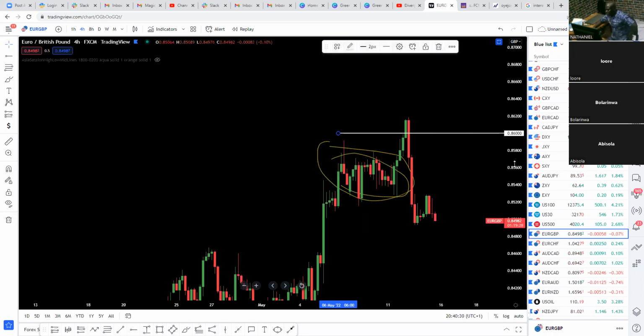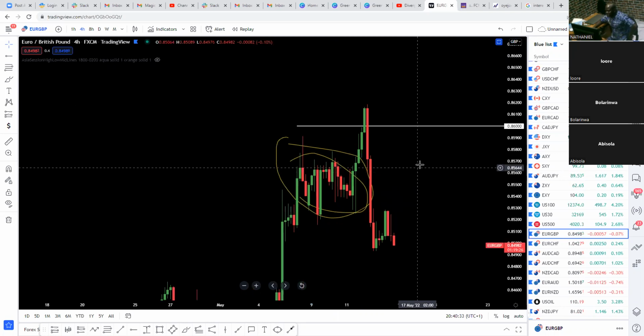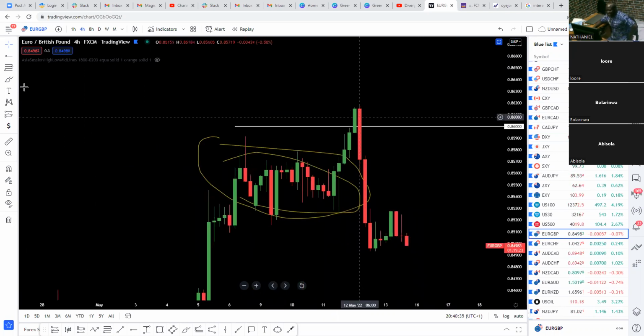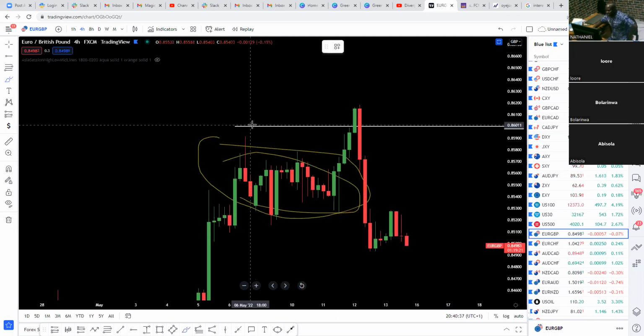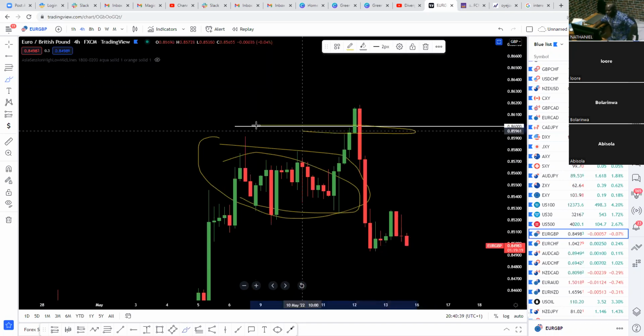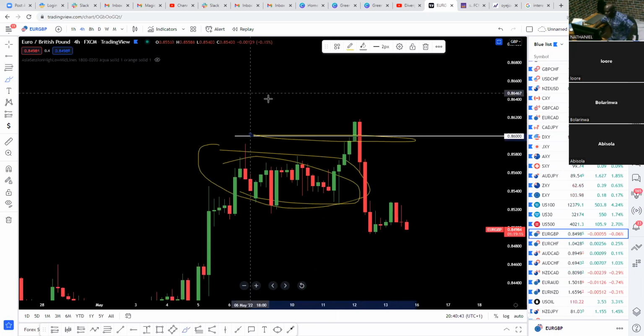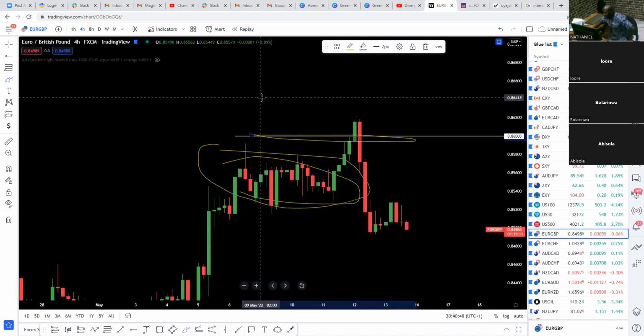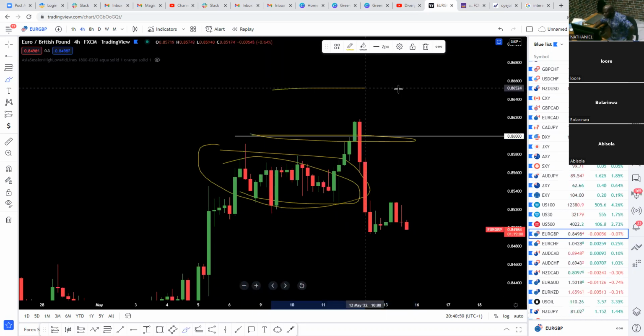Correct. Look at it. This is the next psychological level. So what I did was to place a sell limit here, with a 50 pips stop loss. That's it. 0.8650 is my stop loss here.